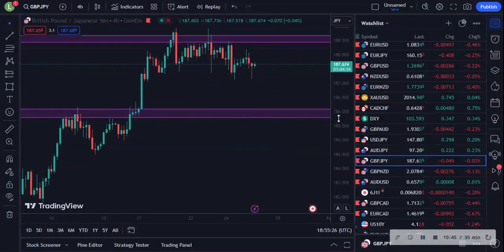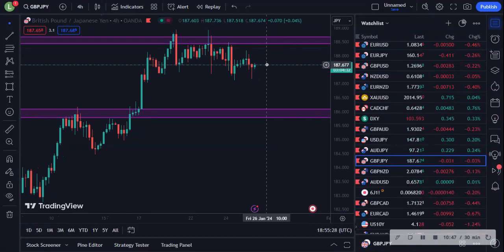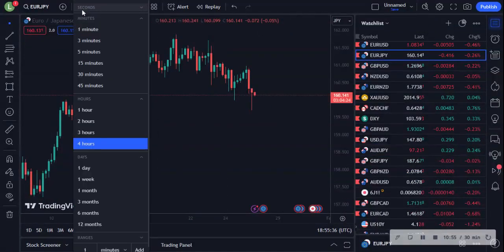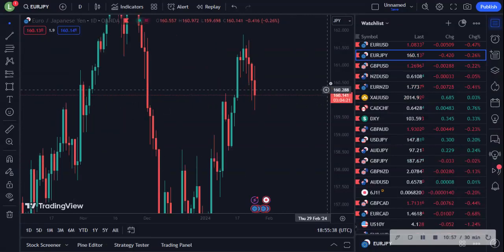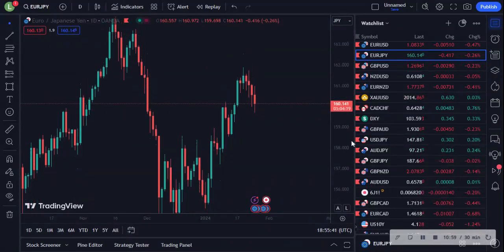And they all tend to move together. So GJ doesn't necessarily have to come back down to retest this level. Because they move together, if you spot one that's about to move, they're all going to move basically. Not all the time.